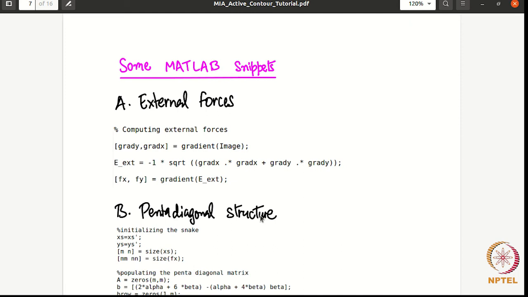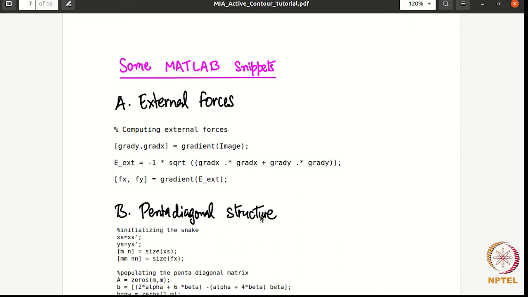So there are many functions written for that purpose, right? Now we will show you some MATLAB snippets to show that the basic structure taught in the class is present in the advanced code as well.